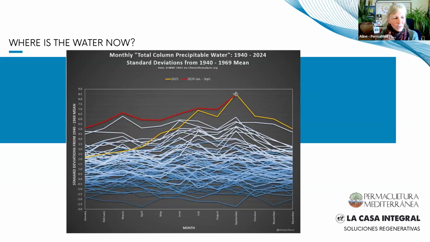Maybe some of you know that at the end of October in Valencia in Spain, there was a huge rain event. It was previewed the day before. It was definitely confirmed the morning of the event.